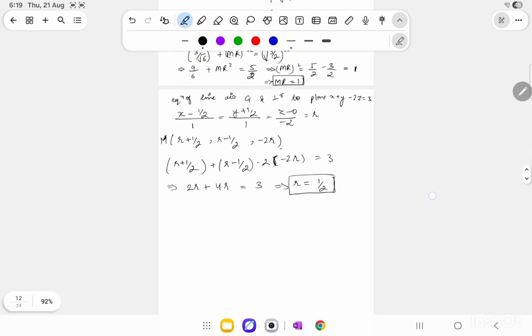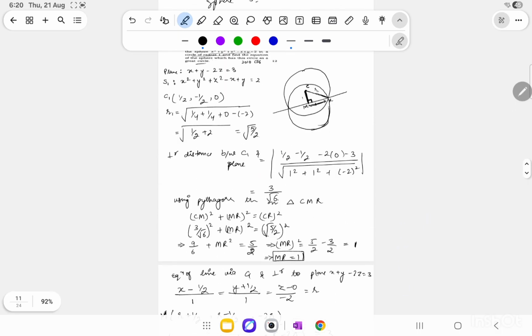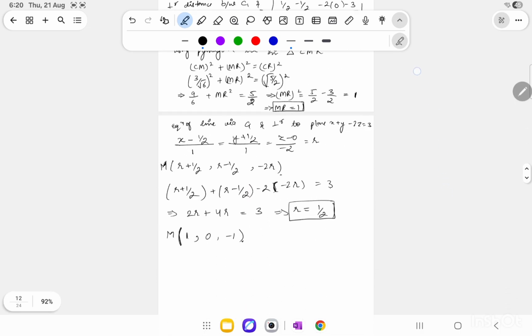If my r is 1 by 2, then my point M, which is the center of the required sphere, would be (1 by 2 plus 1 by 2, 1 by 2 minus 1 by 2, minus 1), that is (1, 0, minus 1). So this is my center of the sphere. Also, we know that this is acting as a great circle, the greatest circle passing via the sphere which we are supposed to find, so 1 will act as the radius of the required sphere.